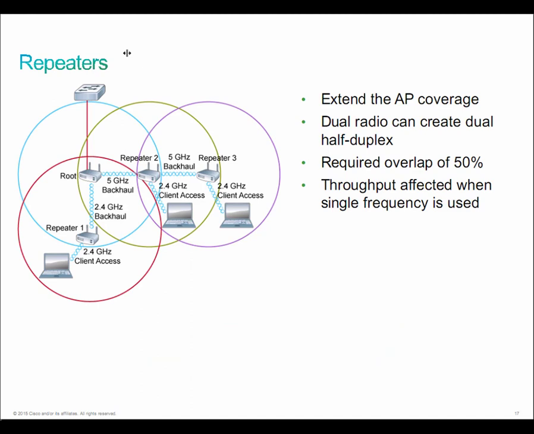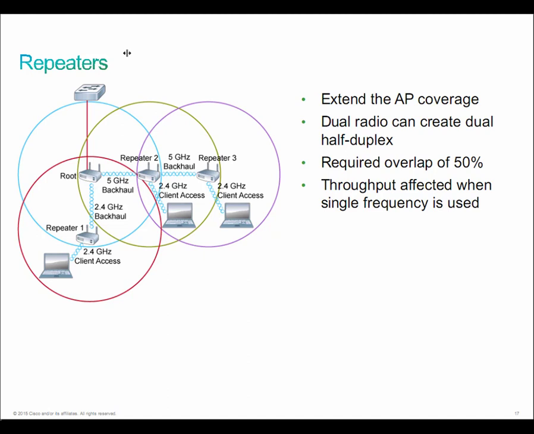Repeaters as well. An extended service set connects different APs together. But if you have a very large area like a warehouse, putting a cable into the middle of that open space might not be possible or very practical. You can only go up to 100 meters or 328 feet with a twisted pair Ethernet cable.